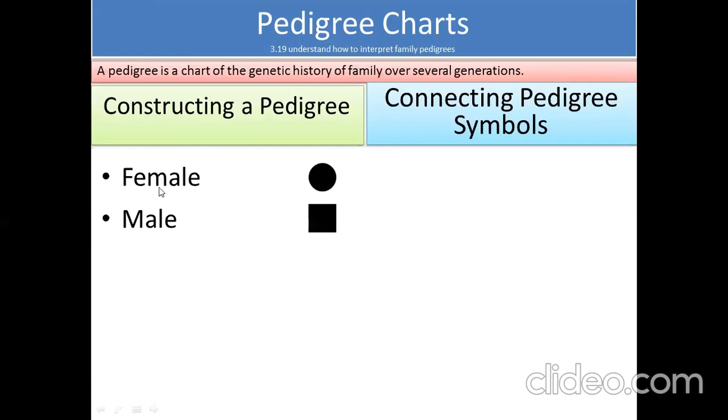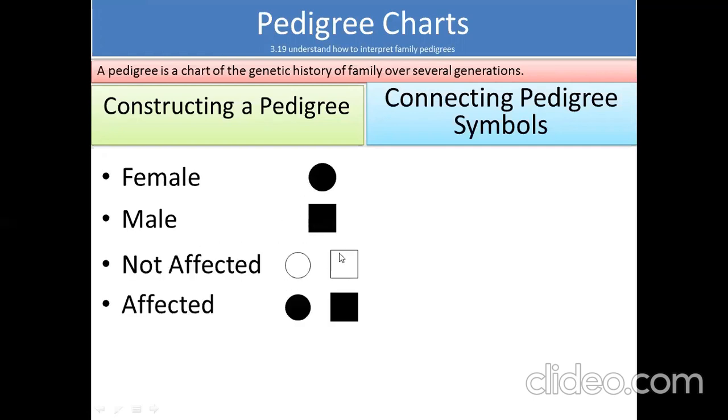First, for female we will mention a round, and for male we will mention a square.